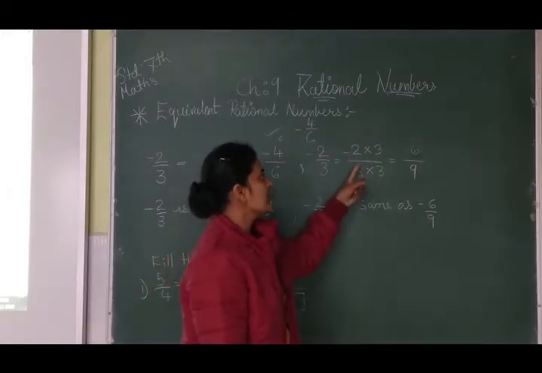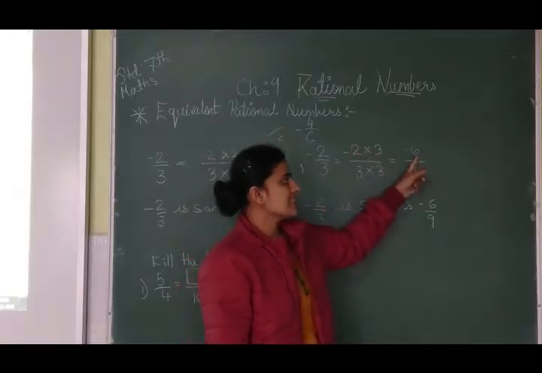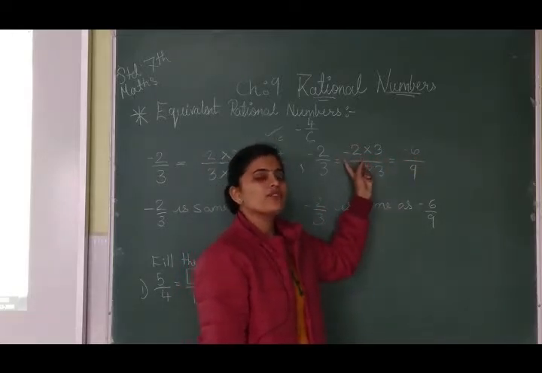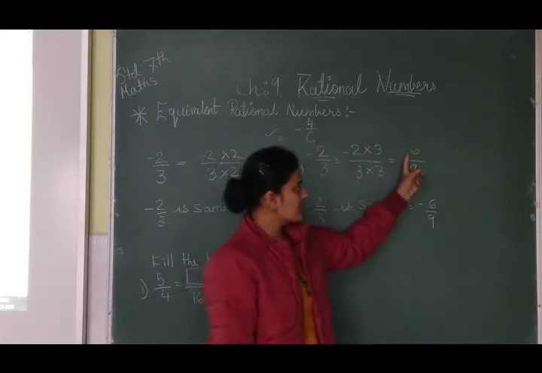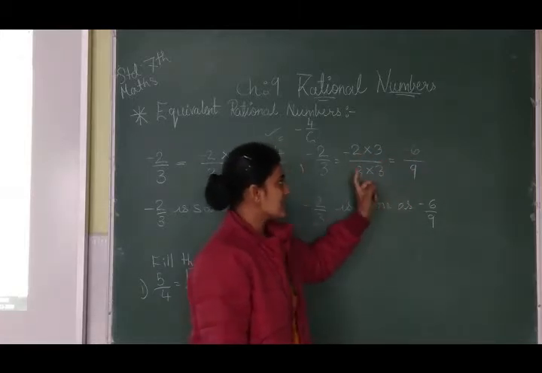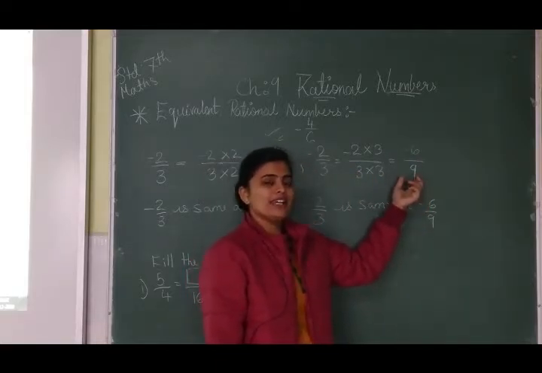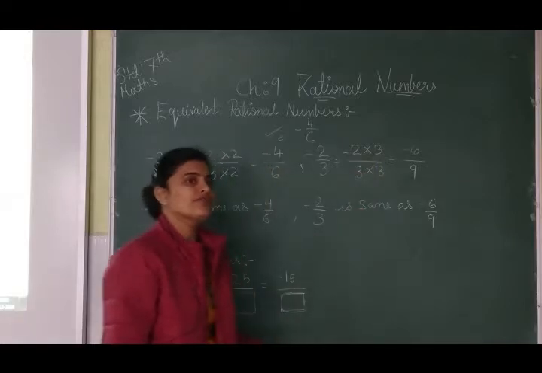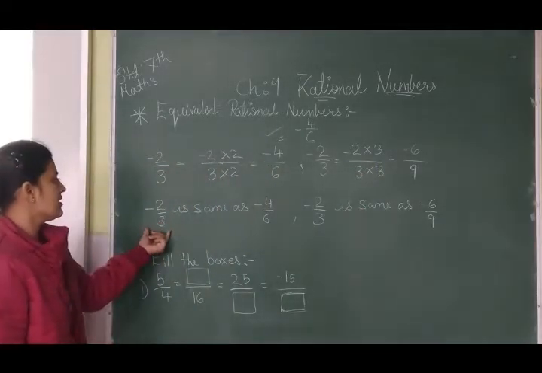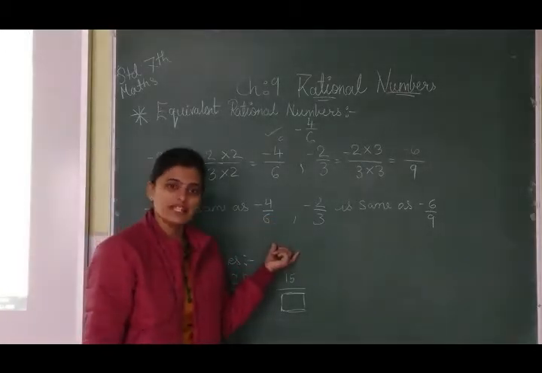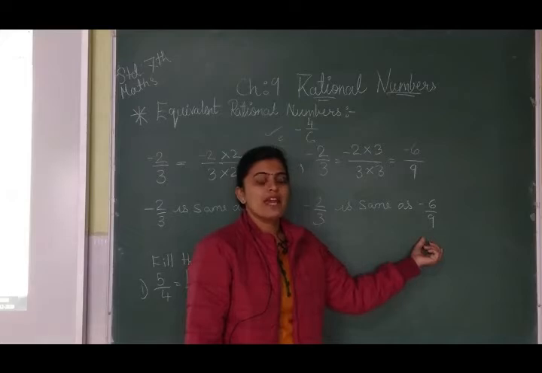Minus 2 multiplied by 3, 2 3s are 6, and negative, because we are multiplying 3 with minus 2. So the answer will also be negative, so minus 6. 3 3s are 9. So minus 6 by 9 is another equivalent rational number of minus 2 by 3. Here you can see minus 2 by 3 is the same as minus 4 by 6 and minus 2 by 3 is the same as minus 6 by 9.